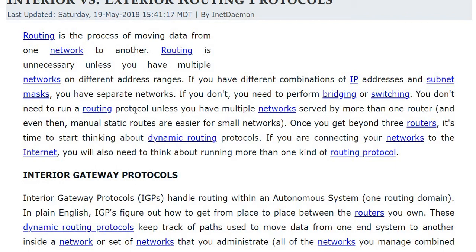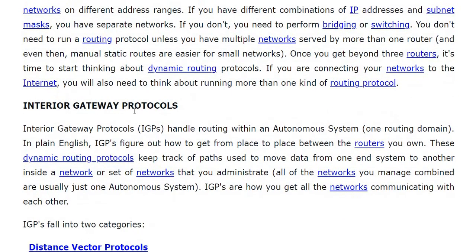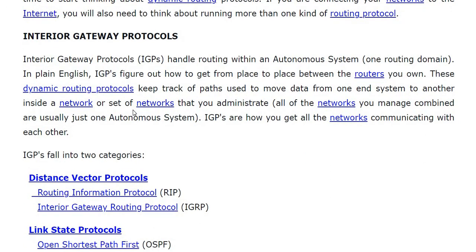So in the routing protocol, we can say handling routing within autonomous systems, AS, autonomous routing domains. In planning this IGP, figure out how to get from place to place between the routers you own.